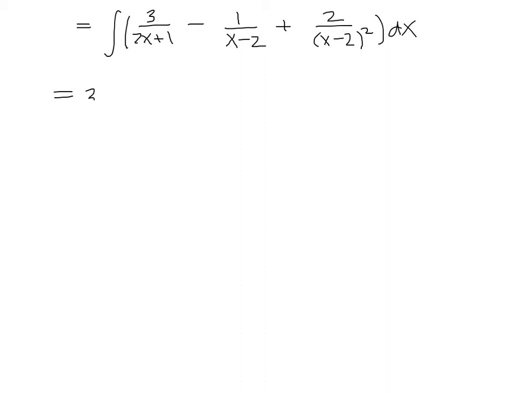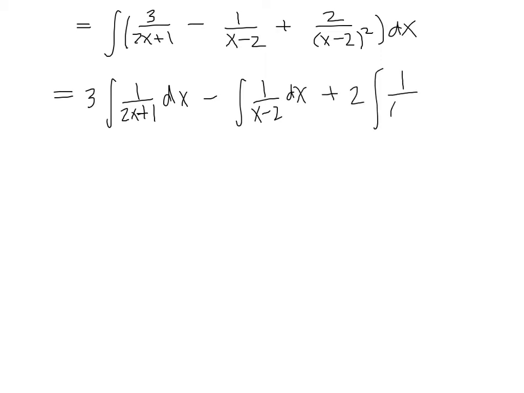So we have 3 times the integral of 1 over 2x plus 1, minus the integral of 1 over x minus 2 dx, plus 2 times the integral of 1 over x minus 2 squared dx.